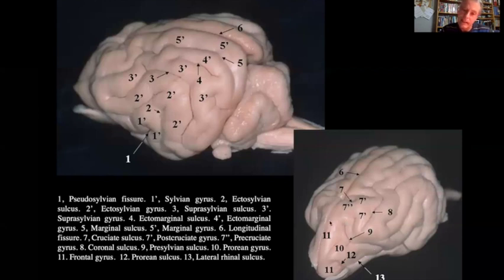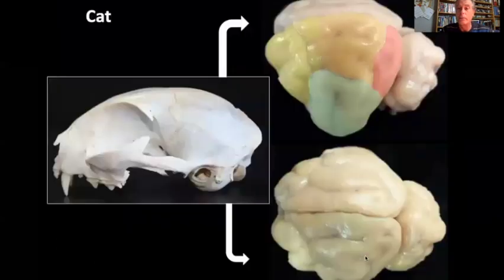That marks this area, the prefrontal cortex, which includes the frontal gyrus and the proreal gyrus here. The proreal gyrus is partially separated from the frontal gyrus by the proreal sulcus, and on the lateral aspect, separating the prefrontal cortex from the paleocortex, we have the lateral rhinal sulcus.